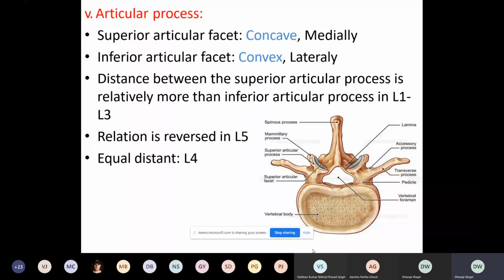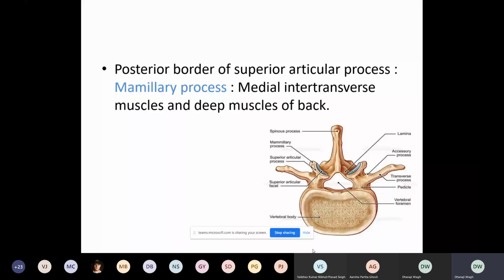Then on the posterior border of the superior articular process, there is a bony elevation, a rough portion you can feel. In the diagram, you can see it posterior to the blue colored facet; that is the mammillary process. The medial intertransverse muscles and the deep muscles are attached to this.